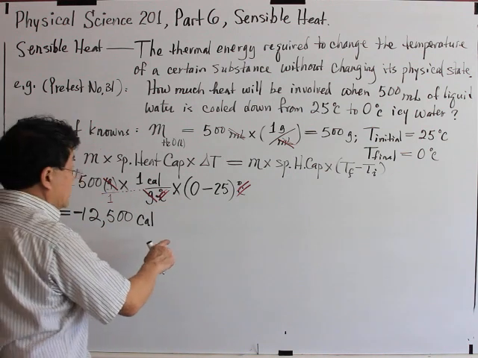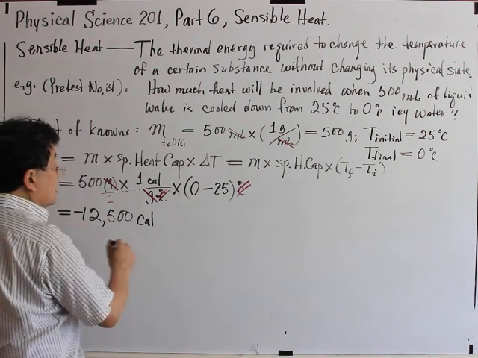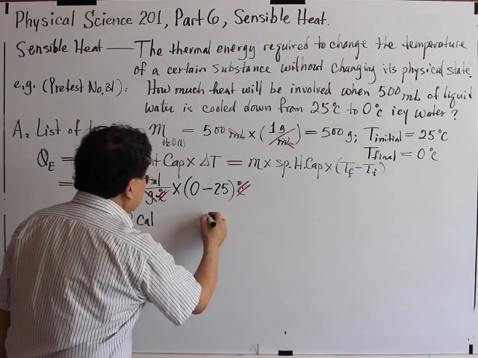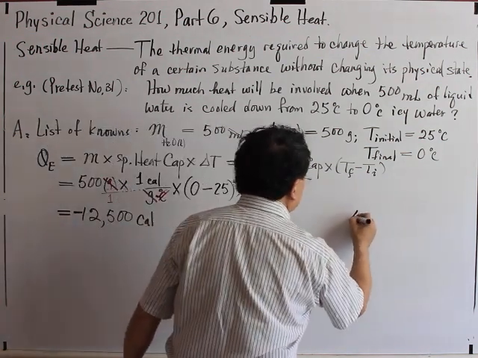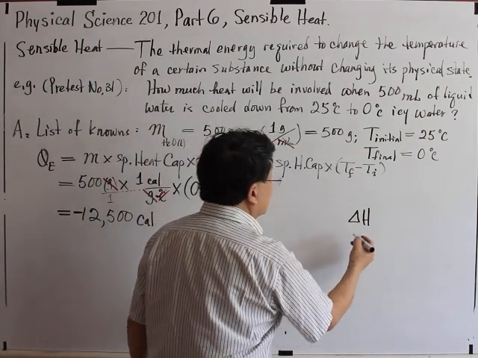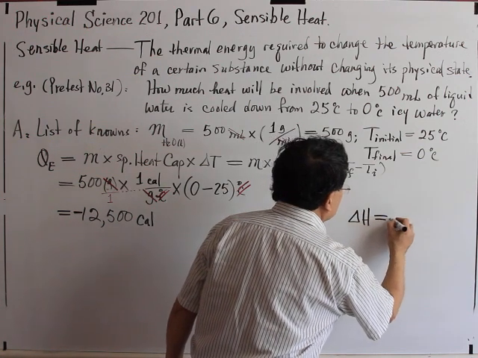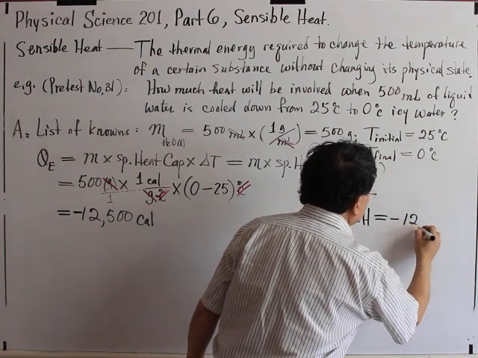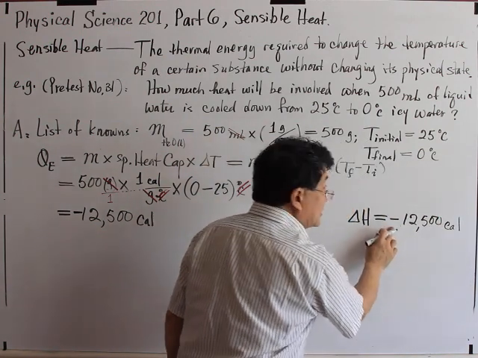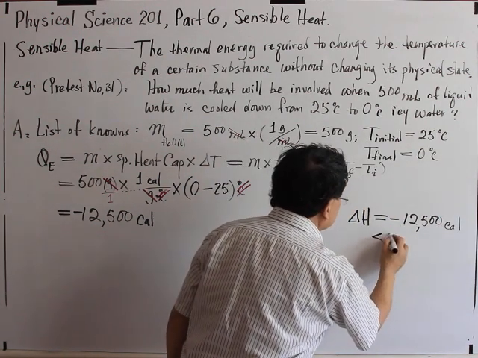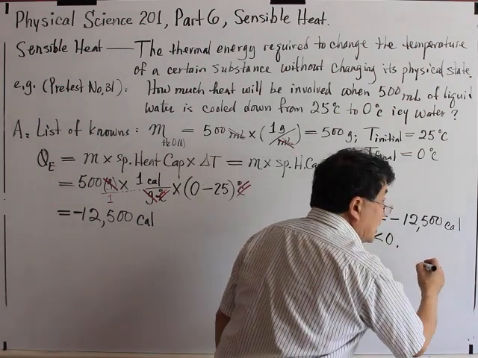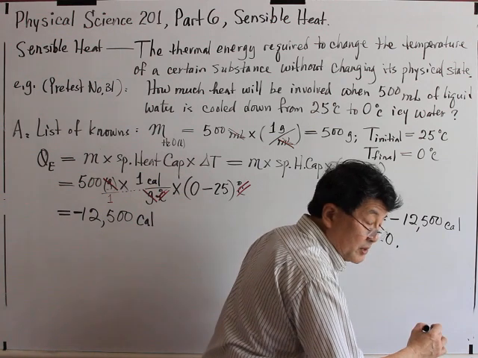So this process, the negative sign, means we call it the enthalpy. We say that is going to be the enthalpy, H, the heat change, which is going to be minus 12,500 calorie, and this negative sign means it's less than 0. Less than 0 is considered endothermic or exothermic?